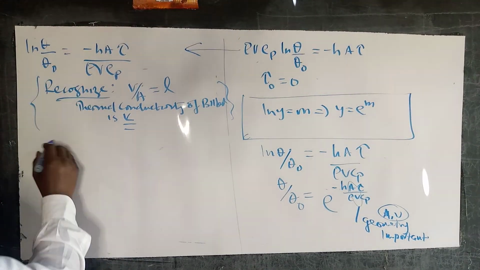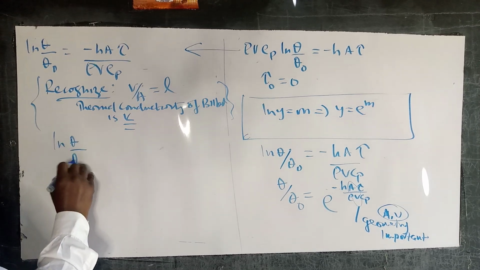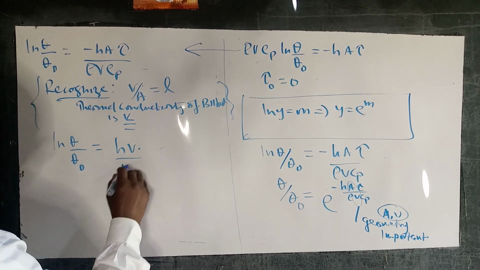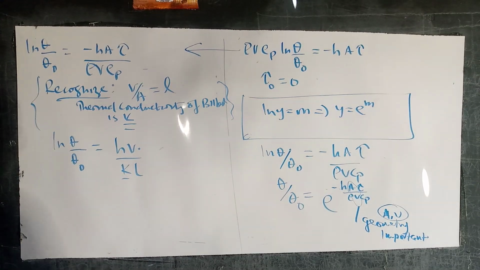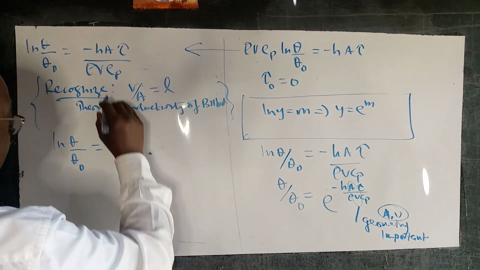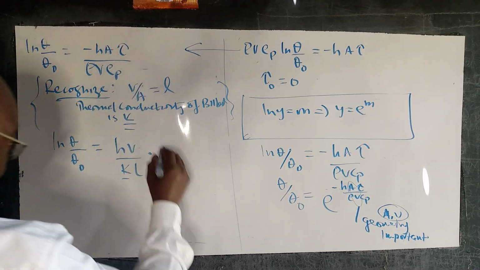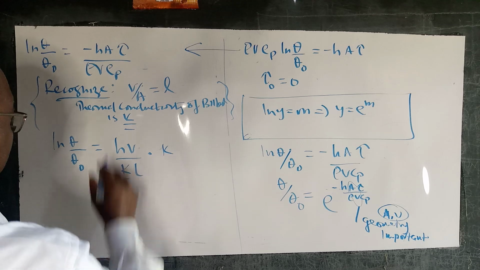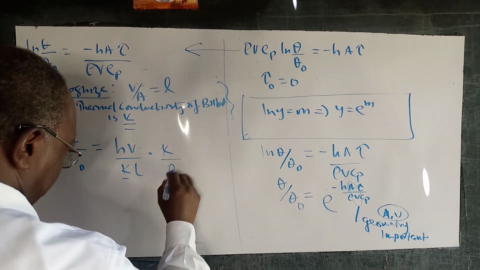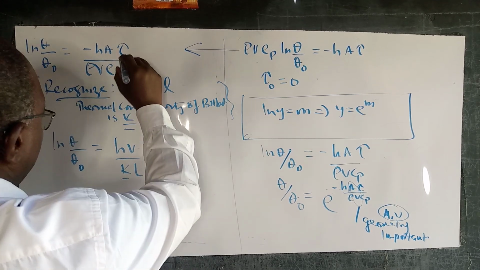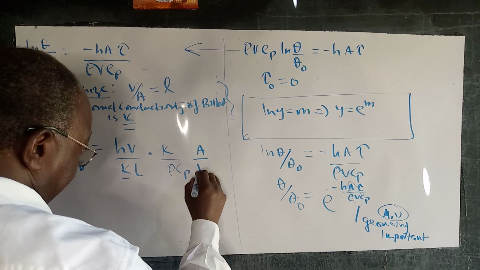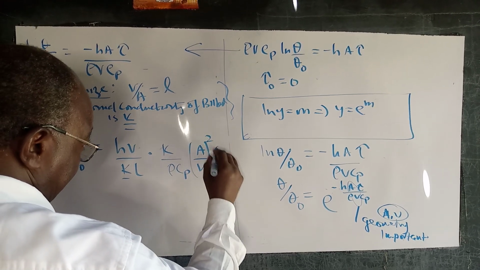So if we reorganize this, theta over theta naught, then hV over KL, where K is the thermal conductivity of the billet, will be given by K over rho Cp, times A over V squared tau.